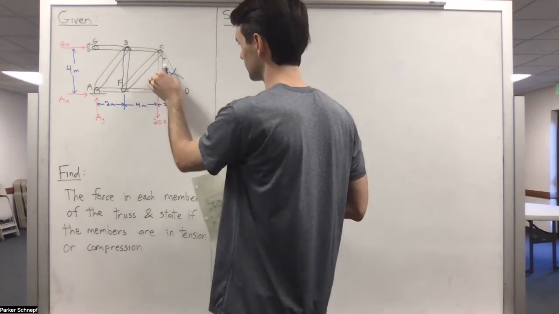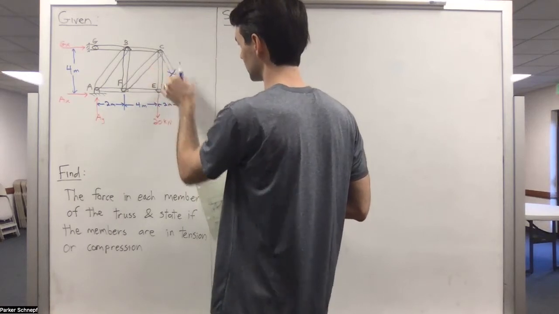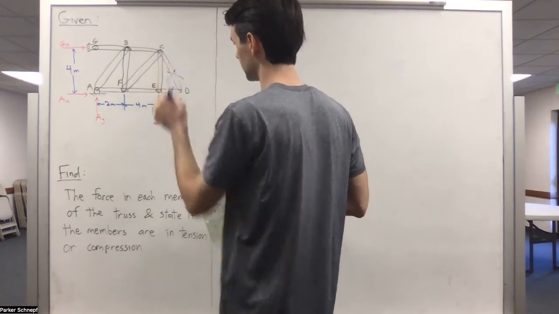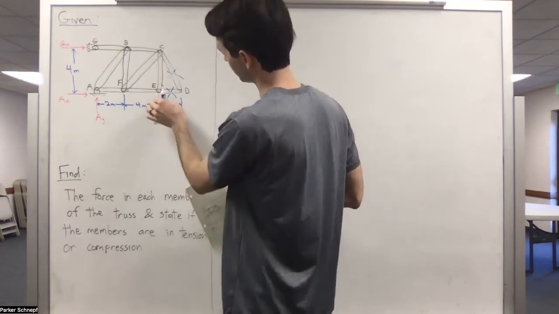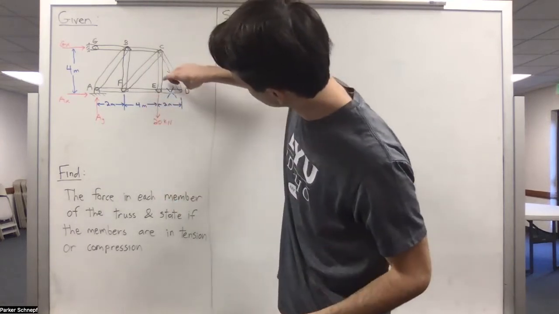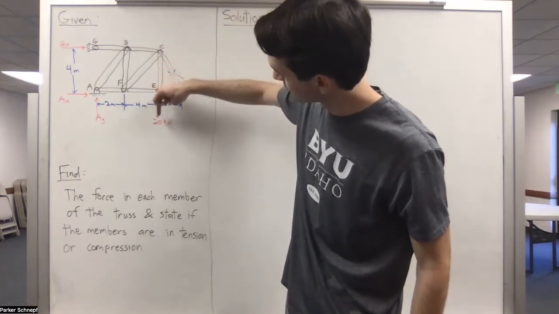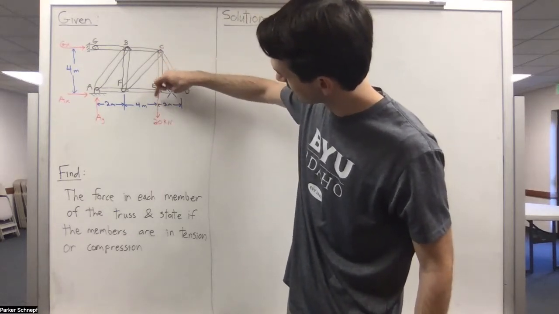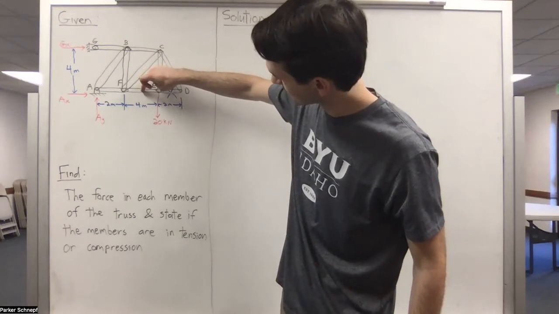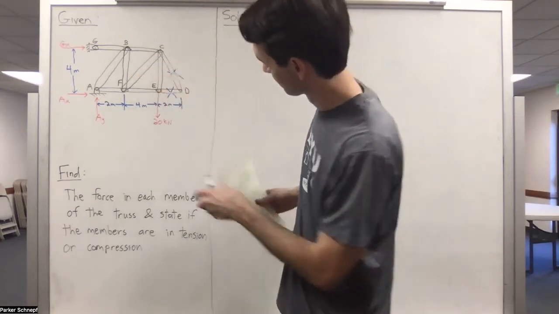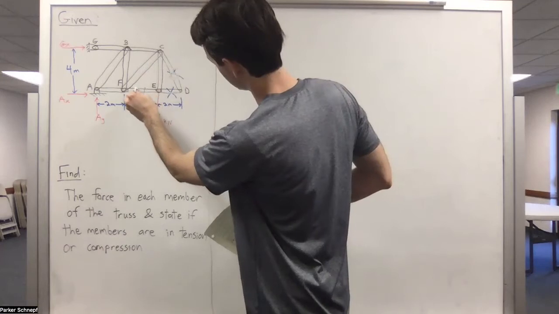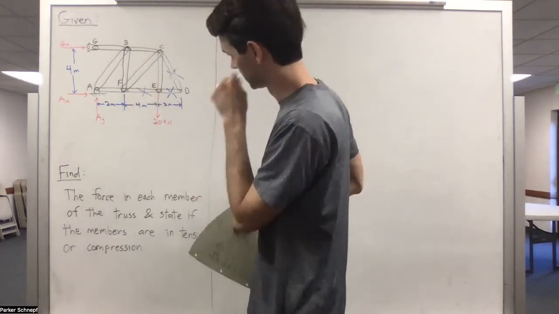Once a zero force member has been identified, it's basically the same as if it's gone, it's not there. So if you look at this one sideways, we have that condition where we have a beam and a collinear force, and then this one is not collinear with these two, so it must be zero force.